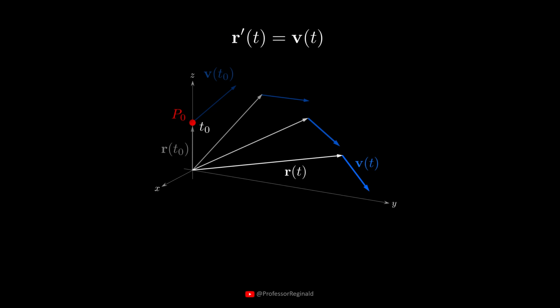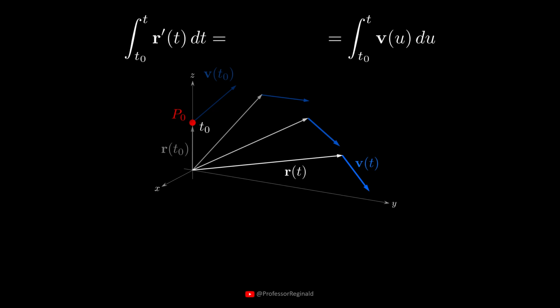Integrate both sides of the equation. On the left side, there is an integral of a derivative. So by the fundamental theorem of calculus, it is equal to the difference of the values of the unknown vector-valued function at the two limits of integration.